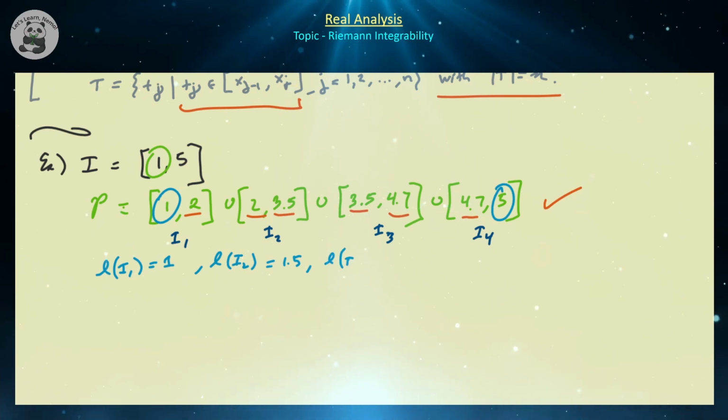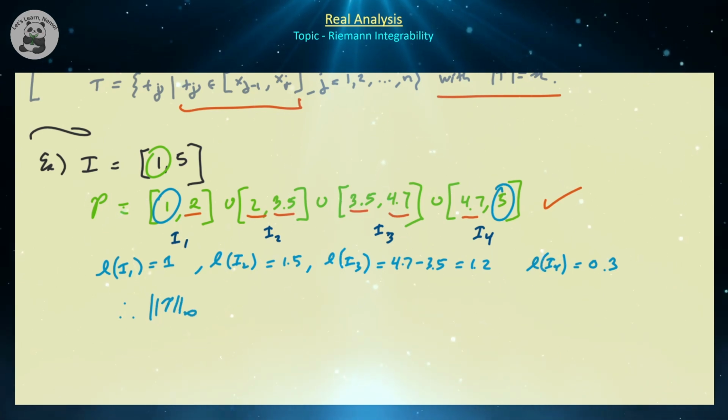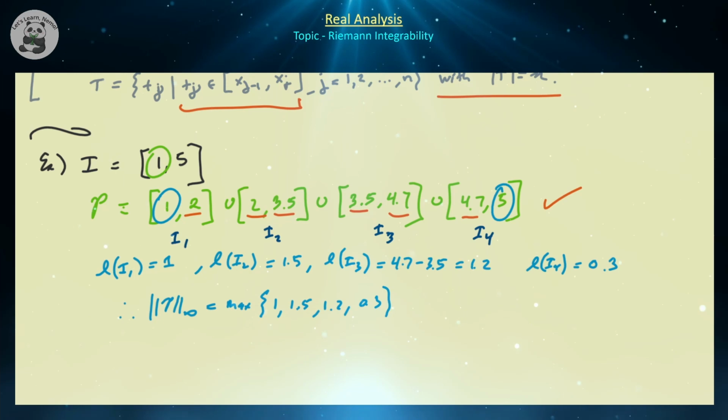The length of I3 is going to be equal to 4.7 minus 3.5, so that's going to be 1.2. And the length of I4 is just going to be 5 minus 4.7, so we have 0.3. That means the norm of the partition, or the infinity norm, is going to be equal to the maximum of 1, 1.5, 1.2, and 0.3, which obviously is equal to 1.5.